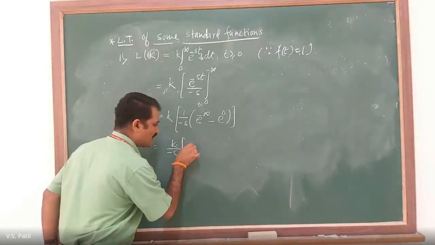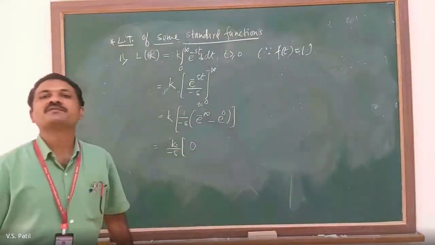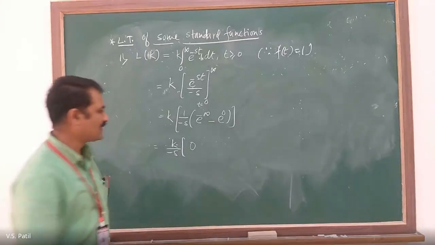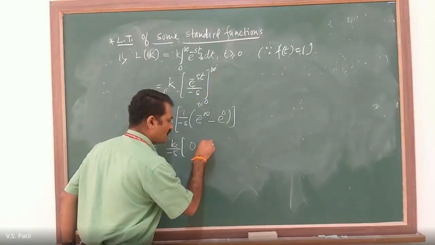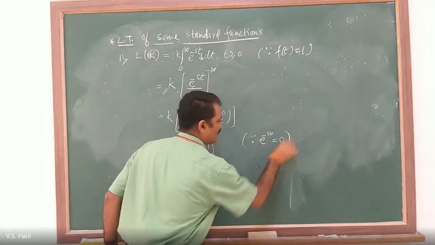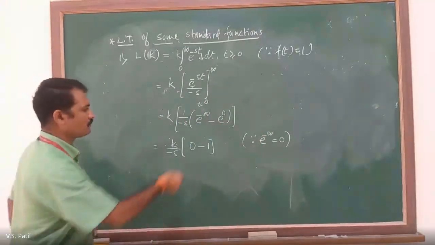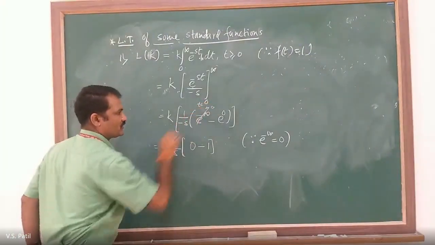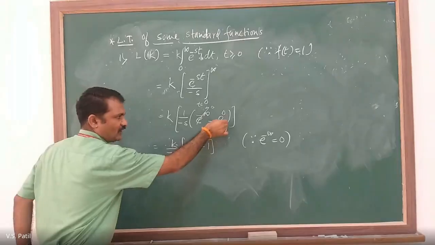The value of e raised to minus infinity is 0. Minus e to the power 0, which is 1. So this term goes to 0, and e to the power 0 is 1.